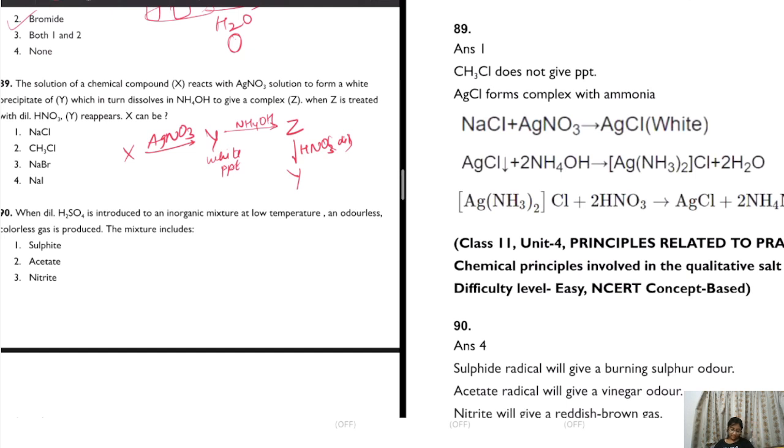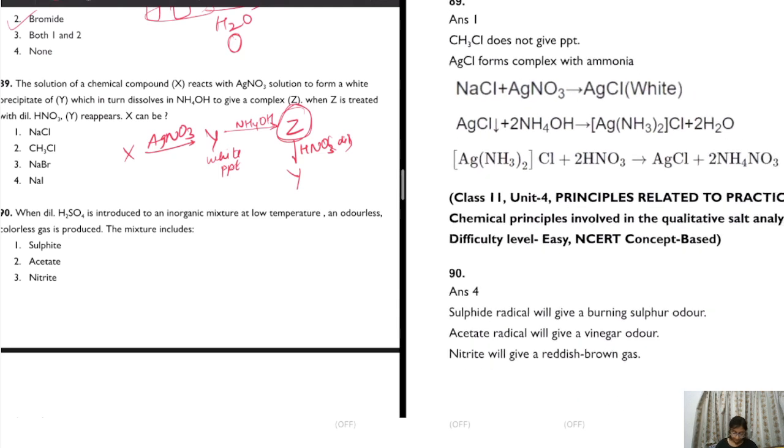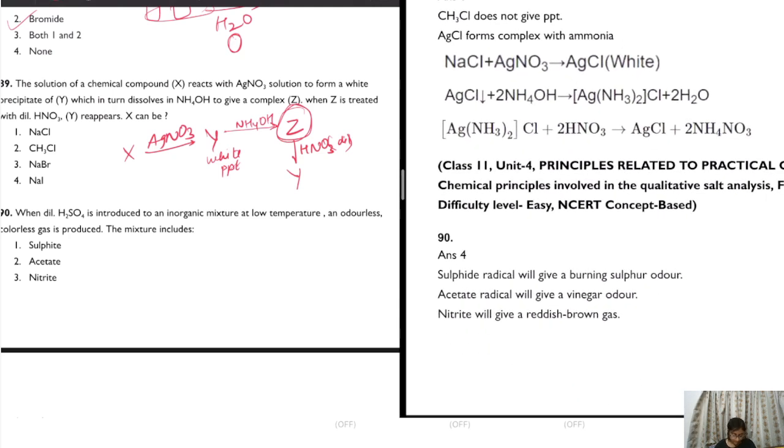So if we have Ag, it is soluble here. So it should be with chloride, right? It dissolves in NH4OH, so it should be any of the chlorides. But CsCl will never form PPT. So what is left? NaCl.